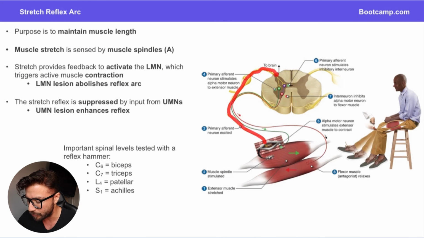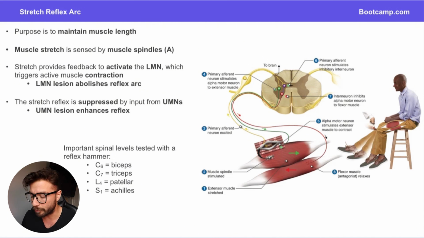It comes in through the dorsal horn and then synapses on the lower motor neuron for this extensor muscle in the ventral horn. Once it stimulates this alpha motor neuron, this is going to send the signal to that muscle to contract. And what's that going to do? Well, it's going to extend the knee forward.